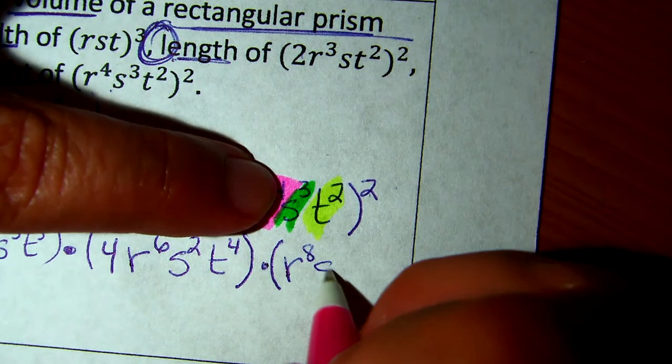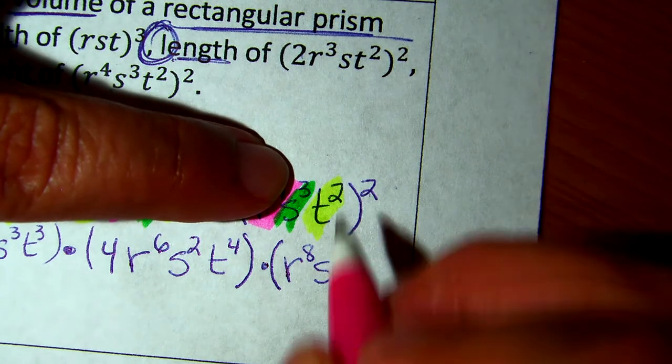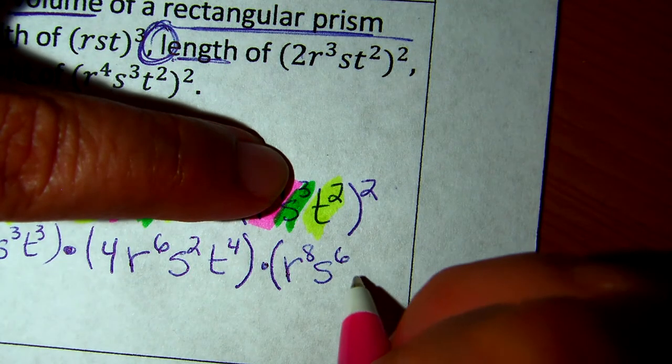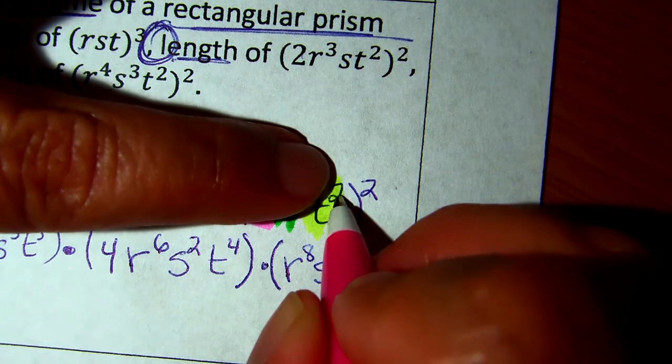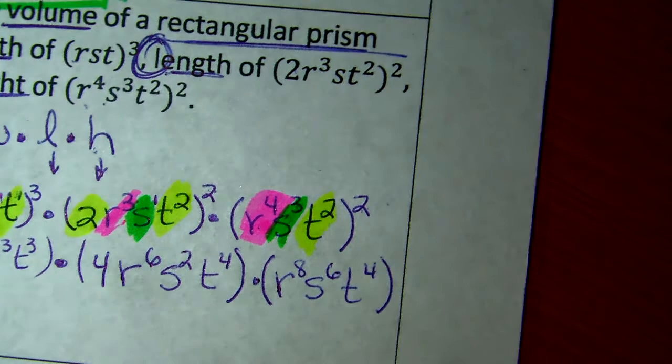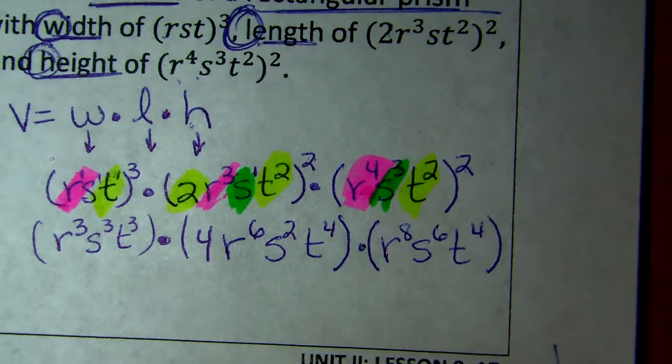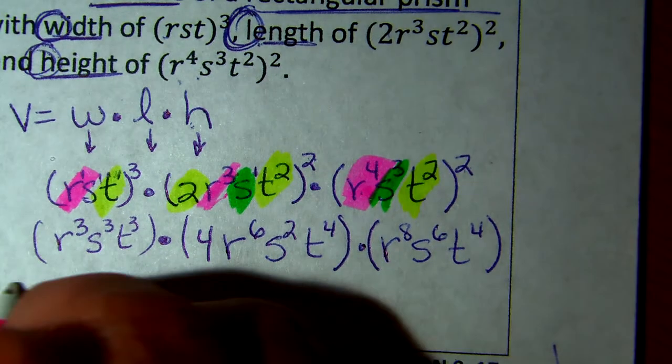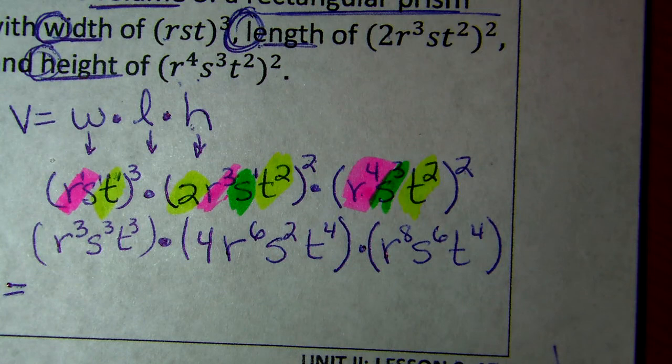The S, 3 times 2, 6. The T, 2 times 2, 4. Okay. All right. Now it's time to multiply everything. All right. Here we have a coefficient of 4.